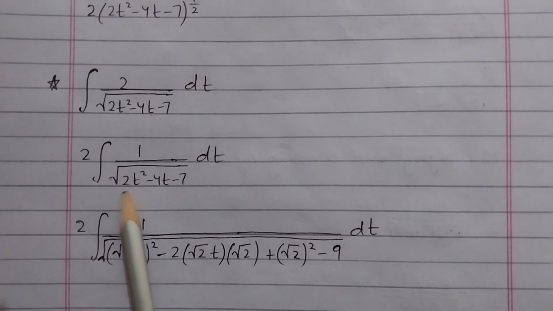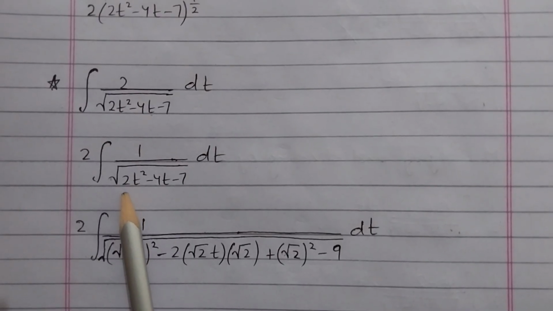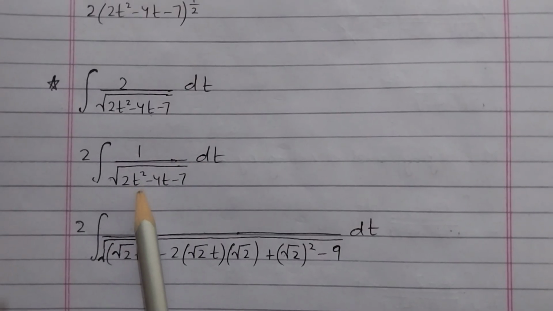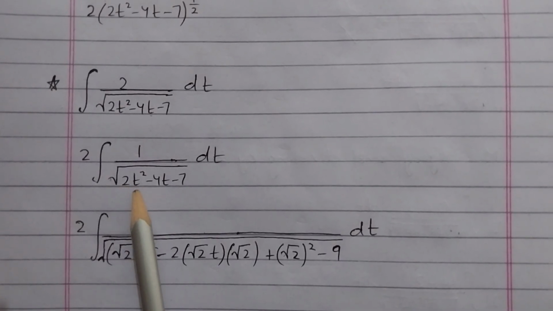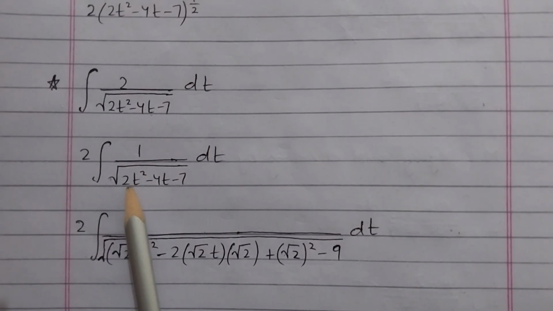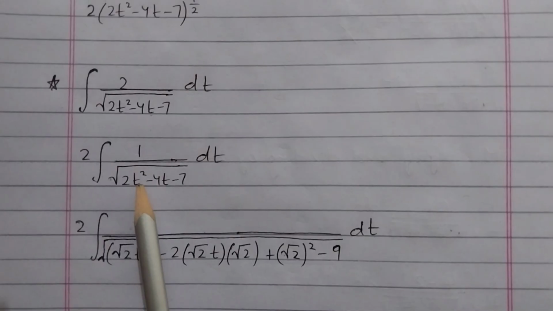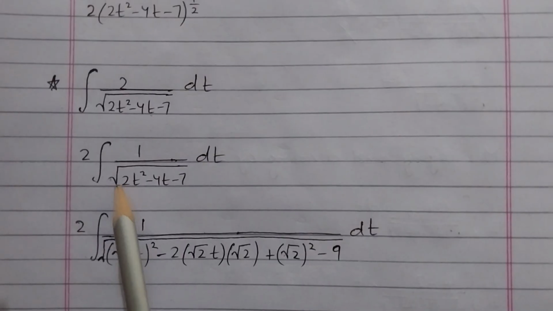So we need to make this first term a perfect square. We need to think of a term whose square is 2t square. So t square is simply t square; thinking of an expression whose square is t square is not that difficult. t is that number, and the issue lies with 2.